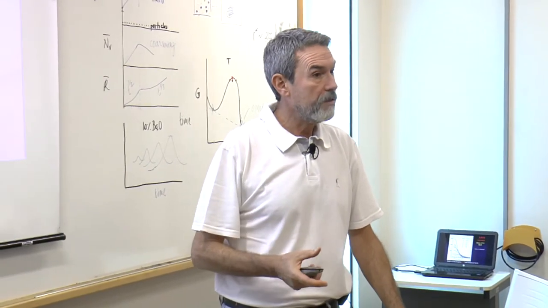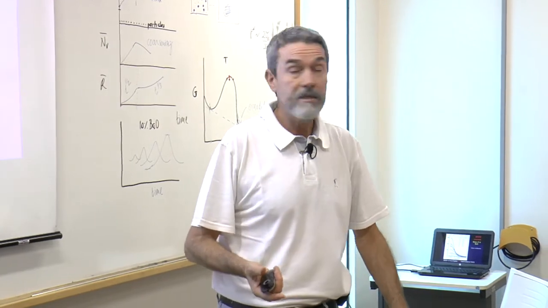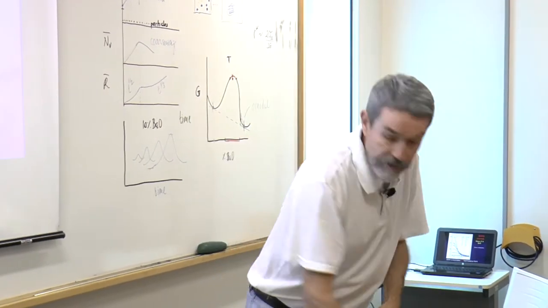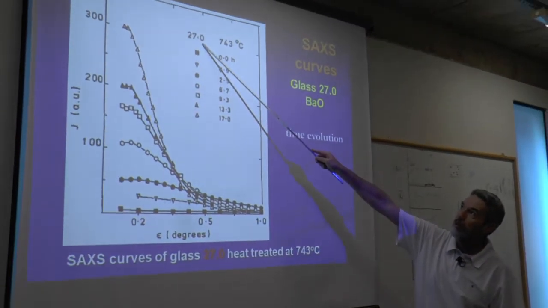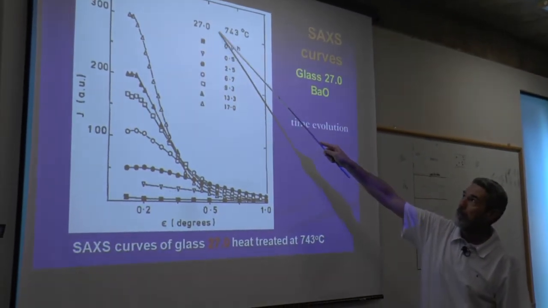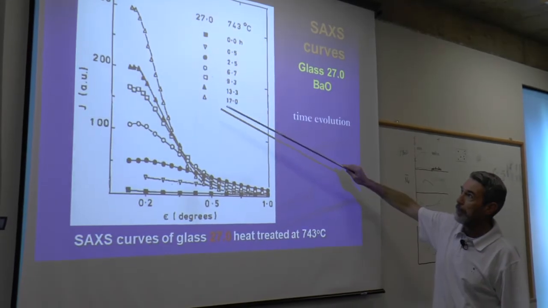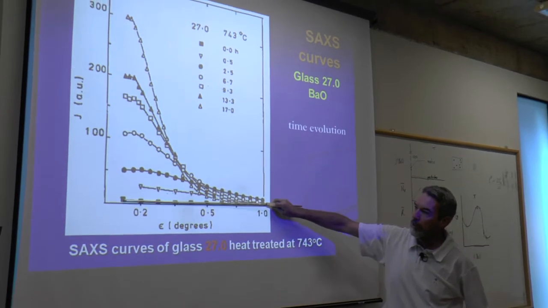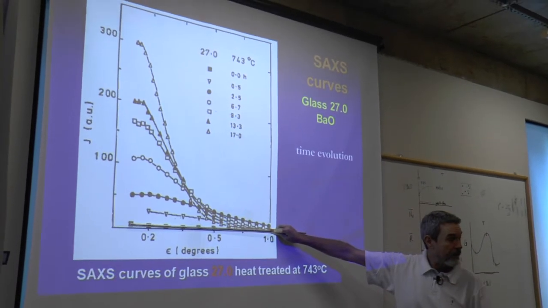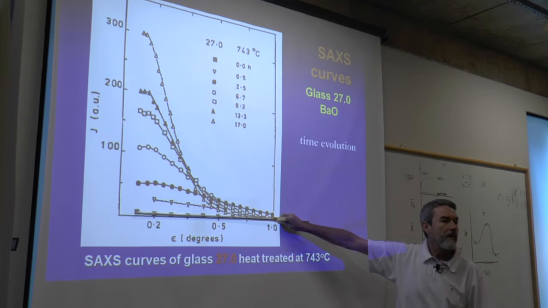They're much smaller than the wavelengths of visible light, but they scatter X-rays, and you can see that. This is a particular glass with 27% at 743. 0 hour, almost no scattering, because it was fast quenched, and nothing happens there.